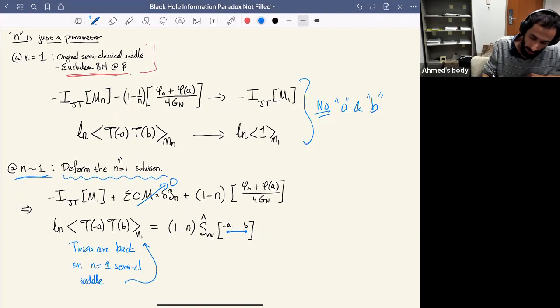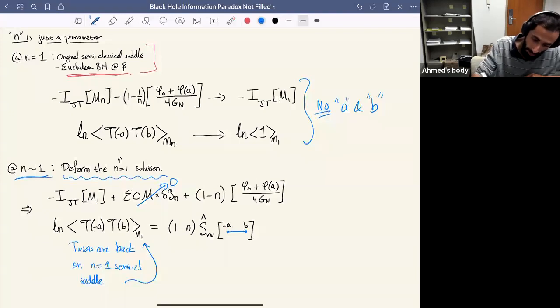Which means that this quantity here is nothing but the von Neumann entropy of the interval that goes from minus a to b.